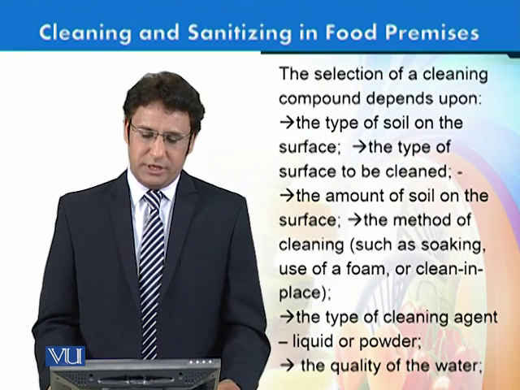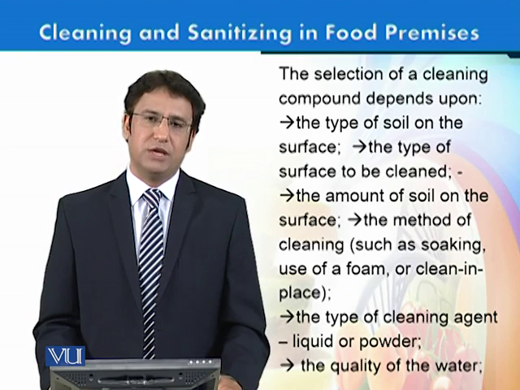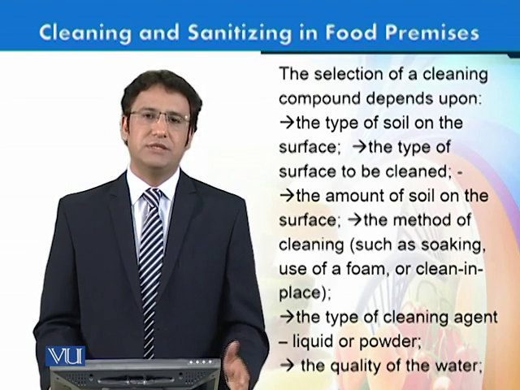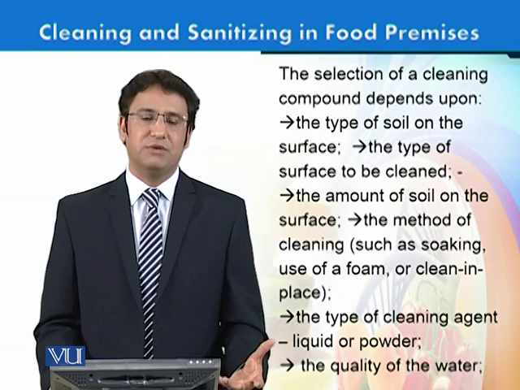So the type of soil on the surface has to be considered. As I earlier said, the type of surface to be cleaned is also equally important. We have to see whether we are dealing with a stainless steel surface or a food material, maybe like fruit and vegetable.